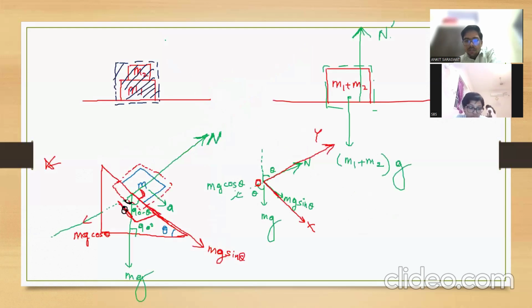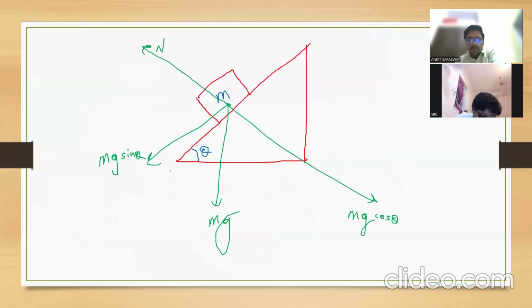You can check previous: mg sin theta is parallel to the inclined surface, and mg cos theta is anti-parallel to normal. Even if you want to check, this is theta, this is also theta.